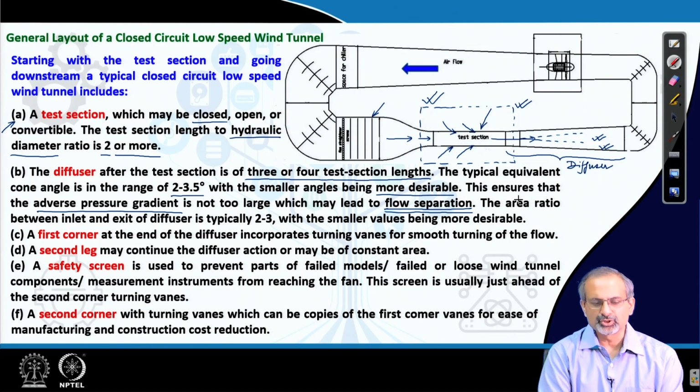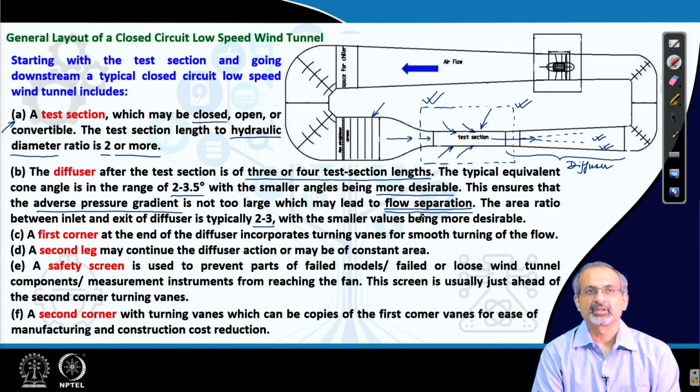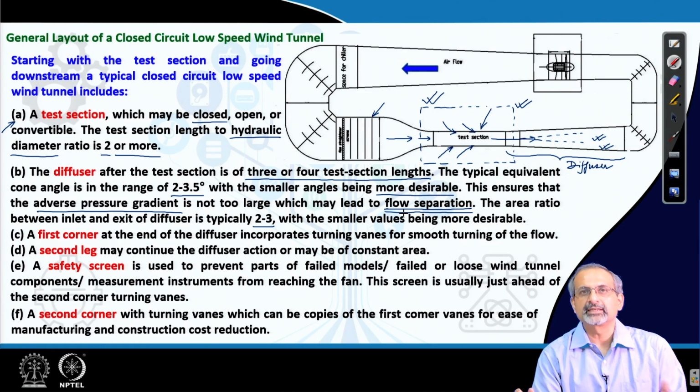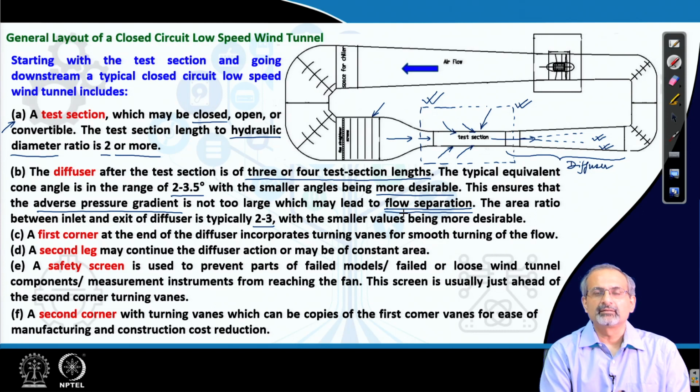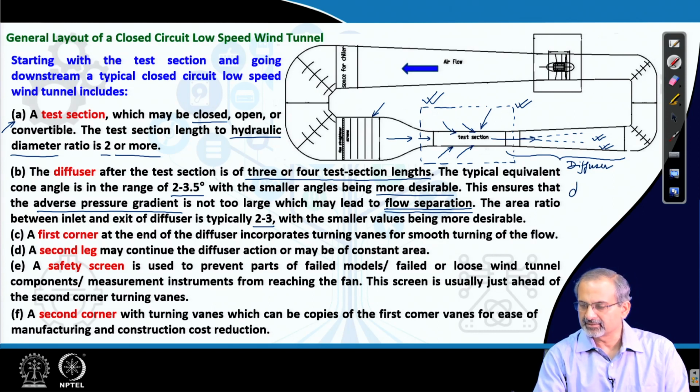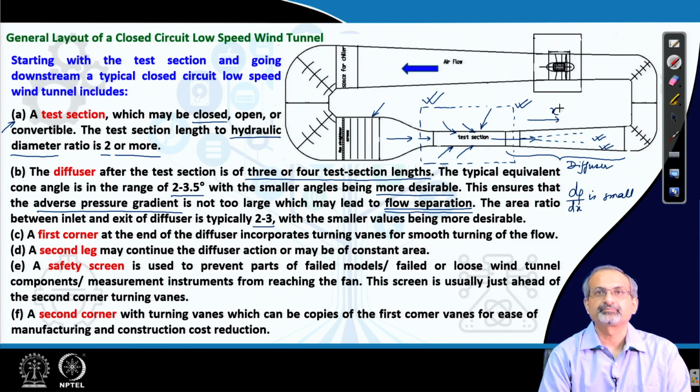The area ratio between inlet and exit of the diffuser is typically 2 to 3, with smaller values preferred. And remember that you are doing it over a fairly long section, and therefore the area is gradually increasing, so that dP/dx is small, if you call this the x direction.